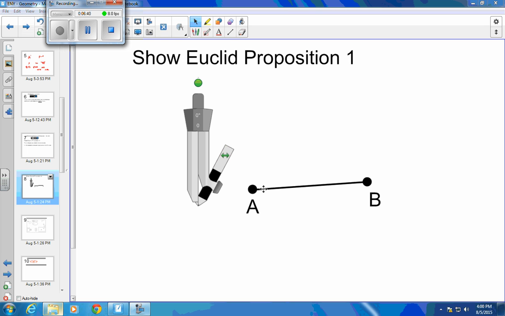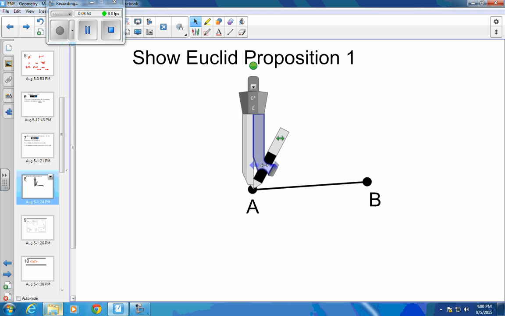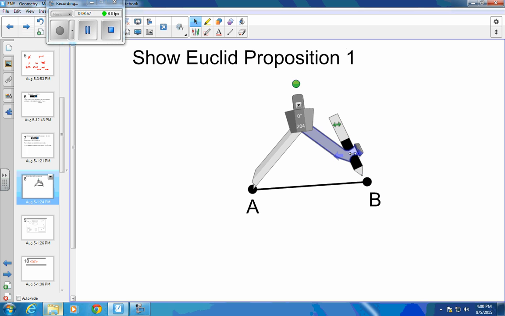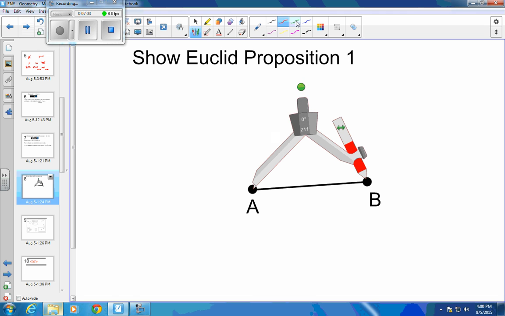So let this circle BCD with center A. That means my center is A, and BCD is going to have to go through B. So I'm going to take my compass, and I'm going to spread it out so that my center is at A, like it says, and it's going to go through a point B. And let's change colors here.